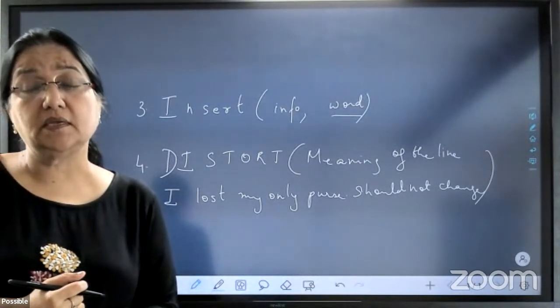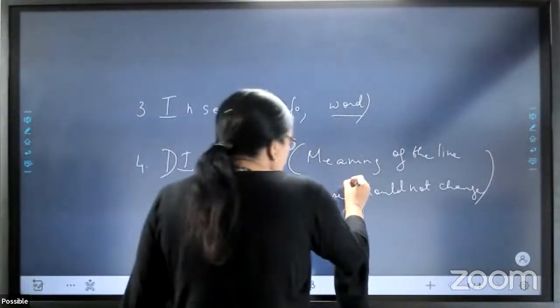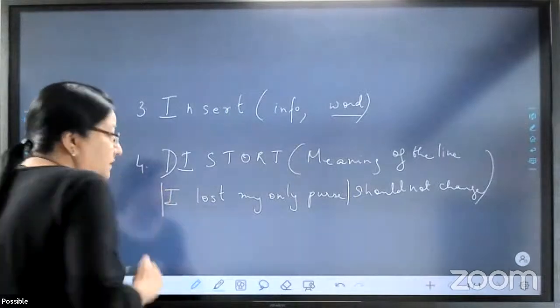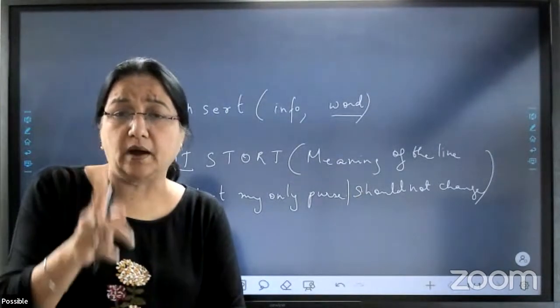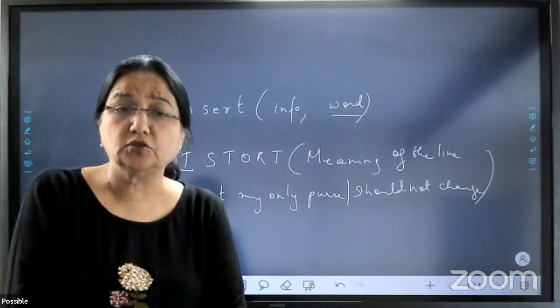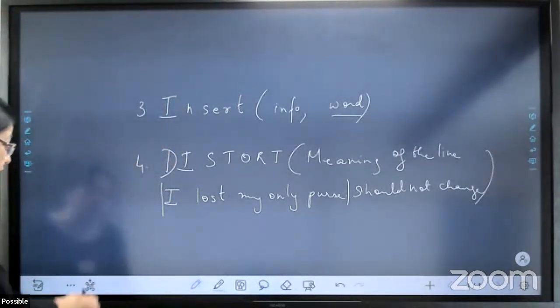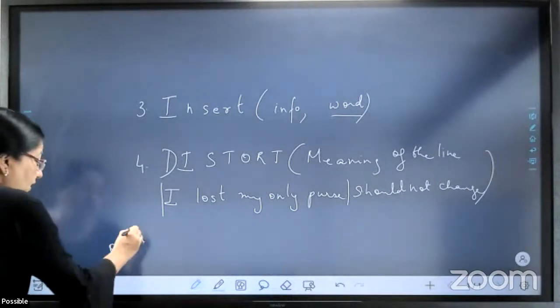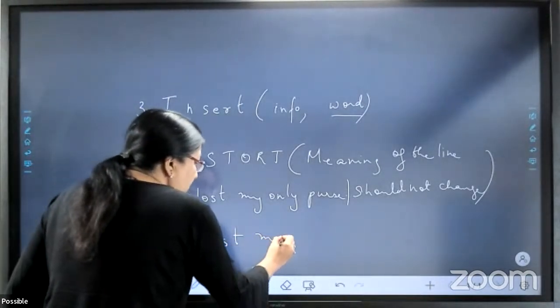Now, the author says, I lost my only purse. The question in context is that this person had only one purse, and that purse is also lost. Now, the option choice will say, only I lost my purse.